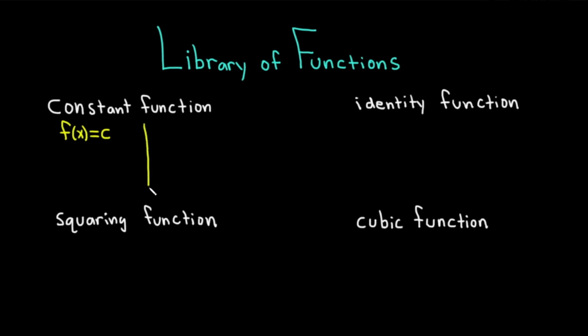Here's the y-axis, and then here's the x-axis. And so let's say that C is here. So I'll draw the constant function in blue. It's just going to be a horizontal line. So that's the constant function. As an example of the constant function, you might have y equals 2, where y is the same thing as f of x.